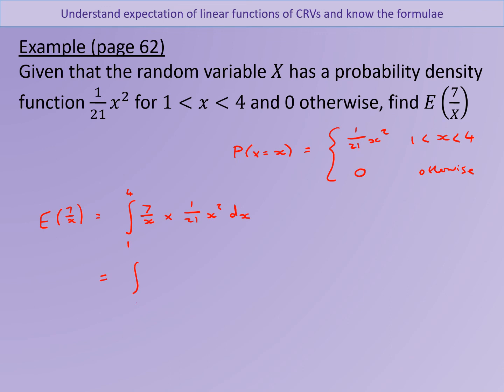So here we are finding the integral from 1 to 4 of 7 over 21, which is 1/3, times x squared over x, which is just x, dx.